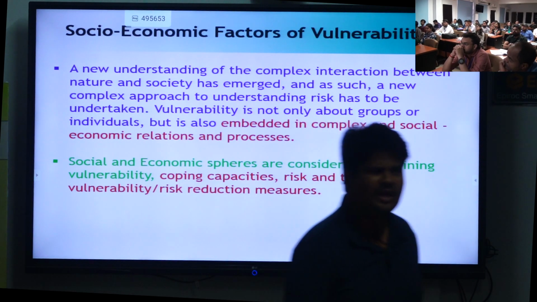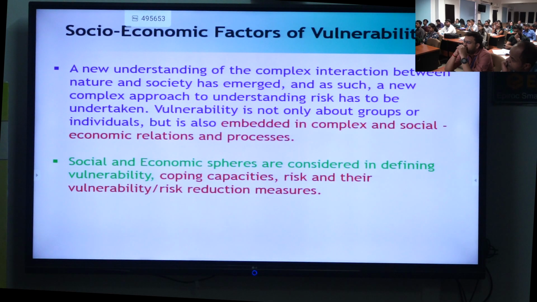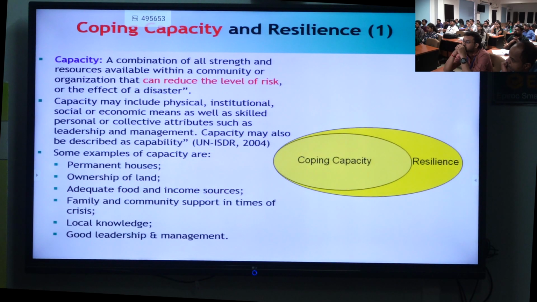So we are not just talking about the degree of loss in terms of values or in terms of people that are at risk. Also we are talking about how resilient the people are, in order to rebuild their life immediately after the aftermath of the disaster. Okay?